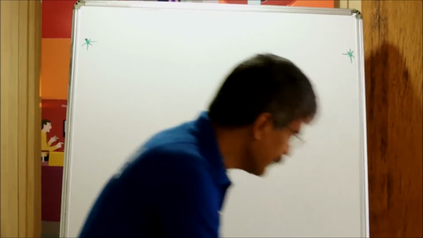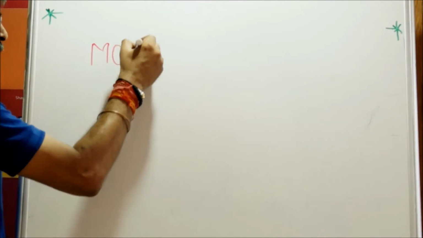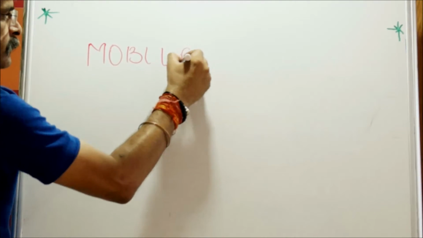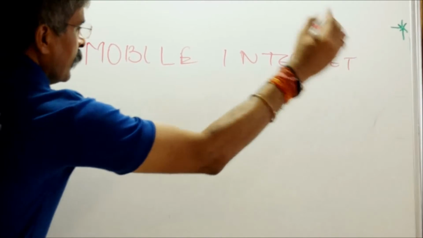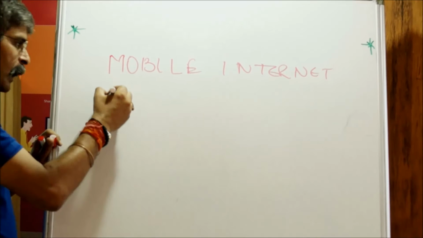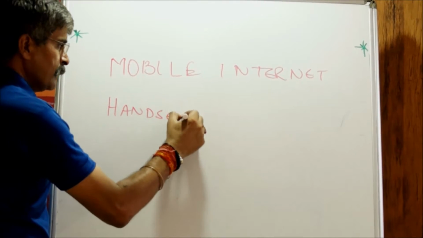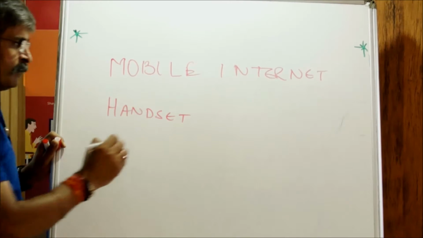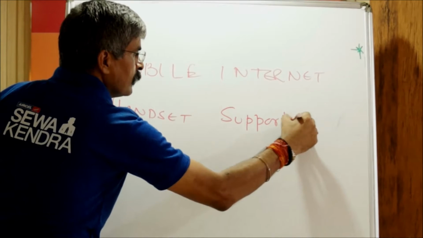A mobile internet connection starts with mobile internet. First, our handset should support data.